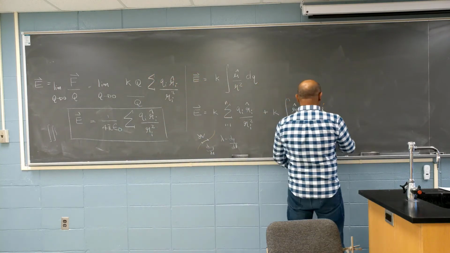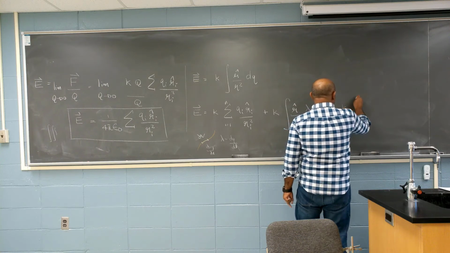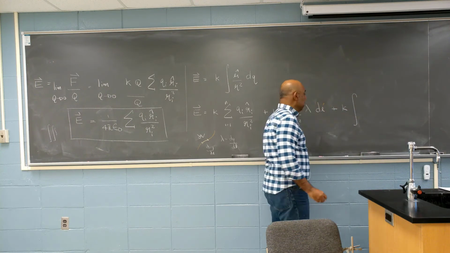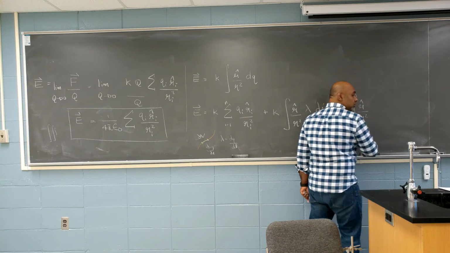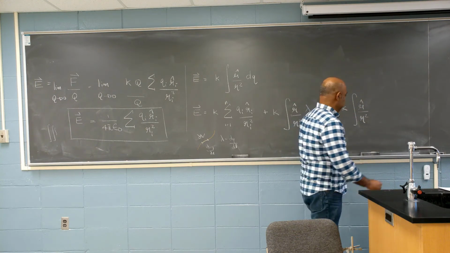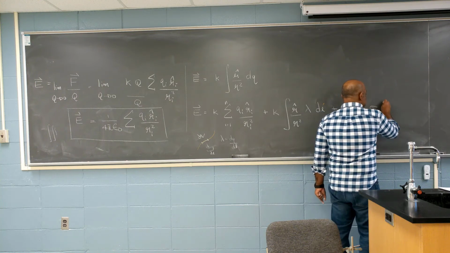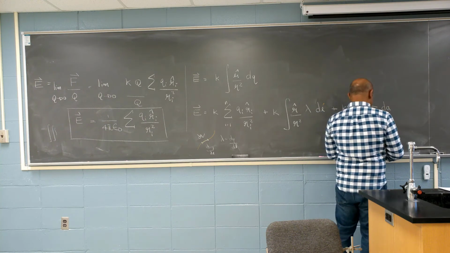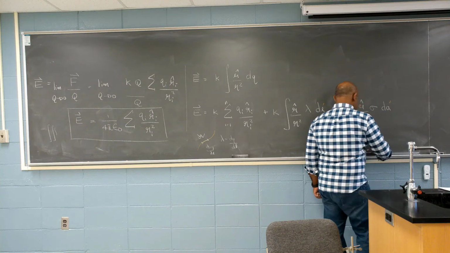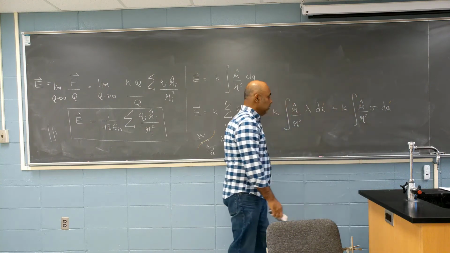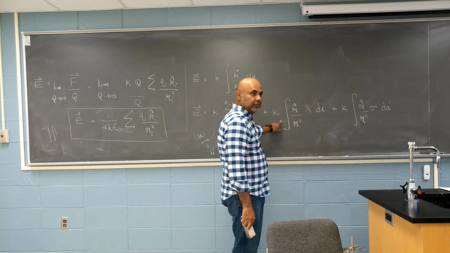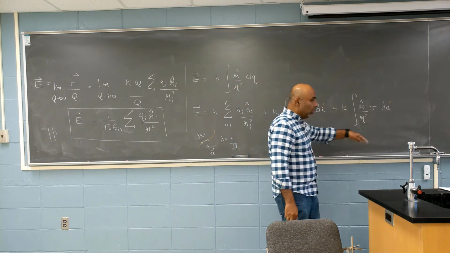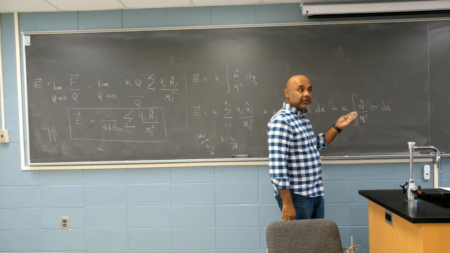Right, this is for line charges, and what if you have a surface charge density? What's the notation for surface charge? Sigma, and sigma dA, again putting a prime over here. So this is just random charges floating about, this is line charges, and these are charge sheets, maybe a capacitor.